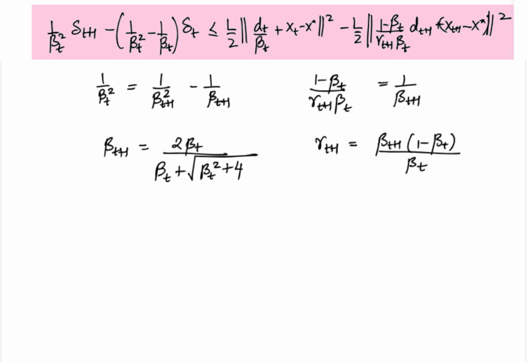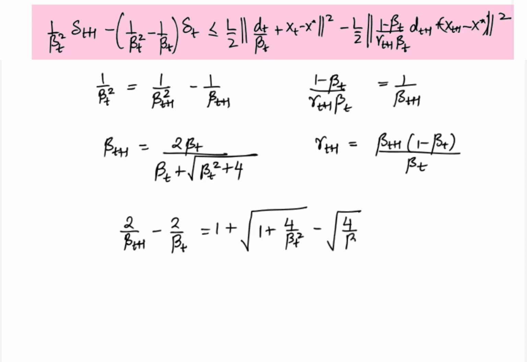You can also see that 2/β_{t+1} − 2/β_t is equal to 1 + √(1 + 4/β_t²) − √(4/β_t²), which is always greater than 1. So if we start with β_1 equal to 1, we would get β_t less than or equal to 2/(t+1).